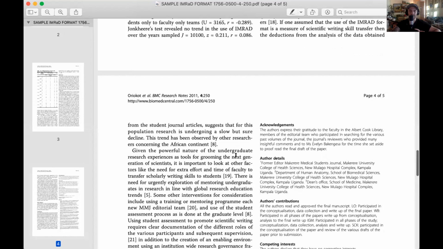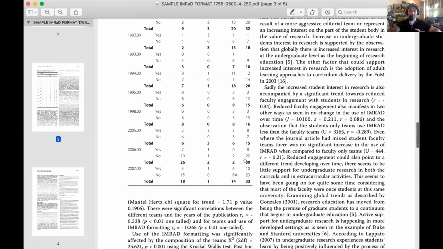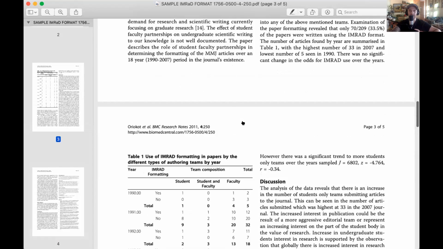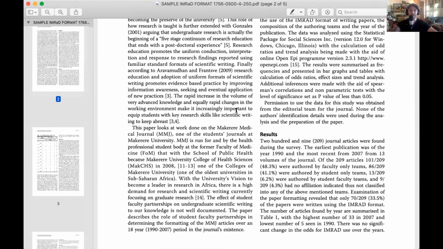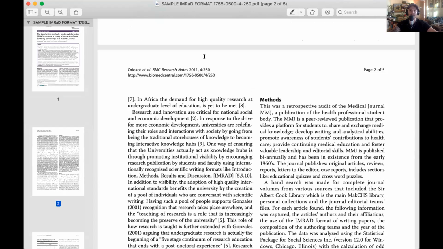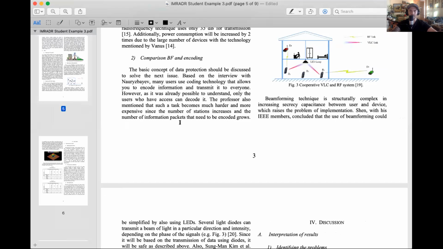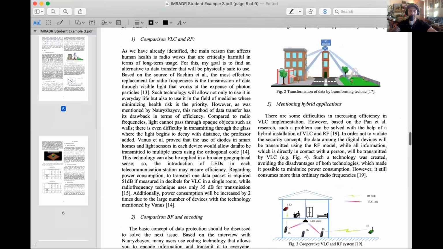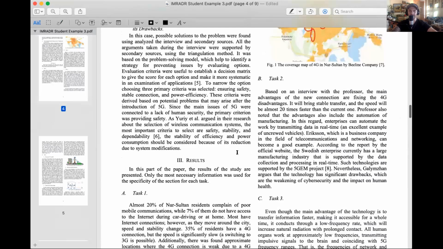Okay, so this is IEEE right here. So this is what it'll look like if you're using IEEE. Actually, sorry, I lied. This is AMA format. It's very similar to IEEE. Let me show you an actual IEEE one. So this is IEEE right here. Again, it looks very similar.